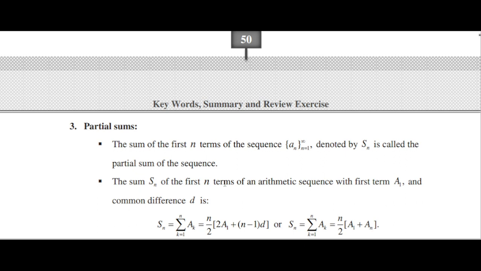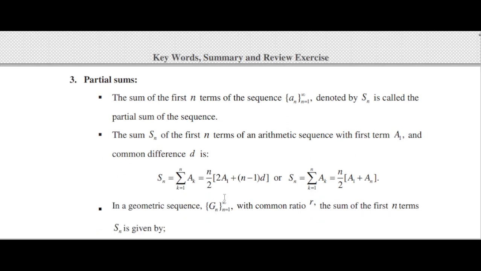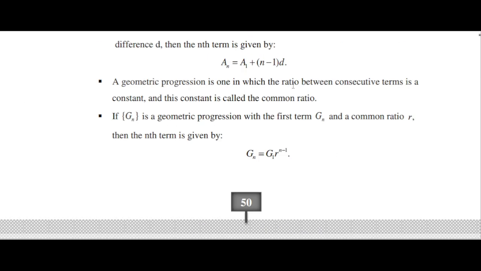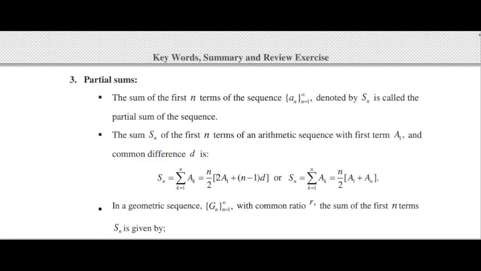The sum S_n of the first n terms of an arithmetic sequence with first term a1 and common difference d can be expressed like this: S_n equals the summation of a_k from k equals 1 to n, equals n over 2 times (2 a1 plus (n minus 1) d), or S_n equals n over 2 times (a1 plus a_n). Here a_n is a1 plus (n minus 1) d, so we can split 2 a1 as a1 plus a1, and a1 plus (n minus 1) d can be replaced by a_n. So this is the partial sum formula. We can use either this or this one.